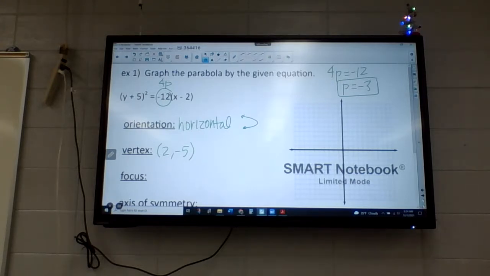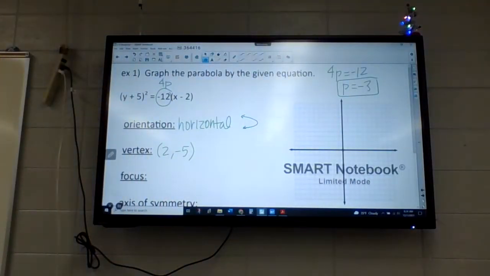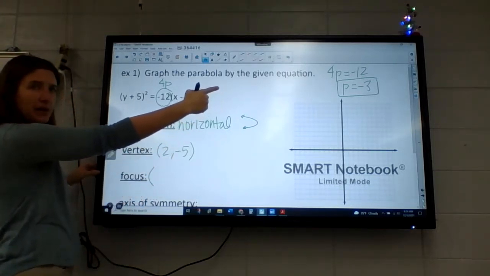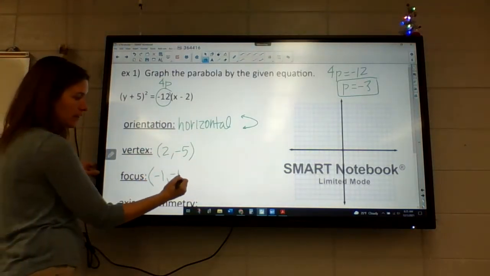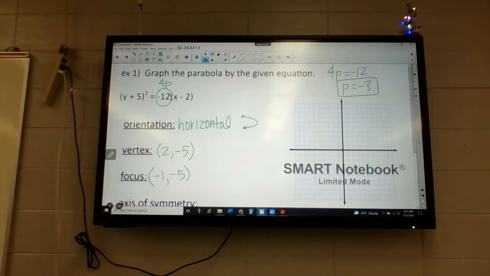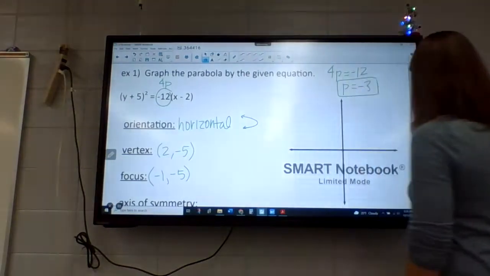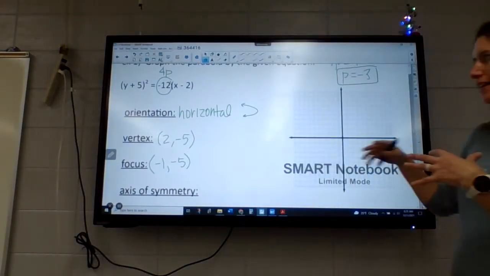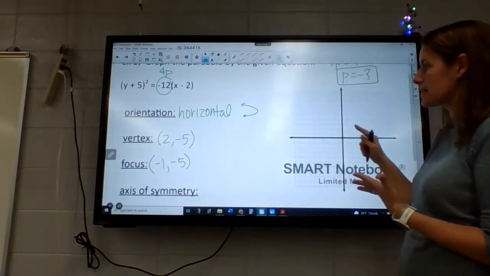Now the focus then, so look at your horizontal graph. The focus is h plus p comma k. So you take your h and you're adding 3 to it, or negative 3. So I mean negative 1 and then k, right? And I might start putting this on the graph to make sure I'm doing this right, so I can check things as it's going.